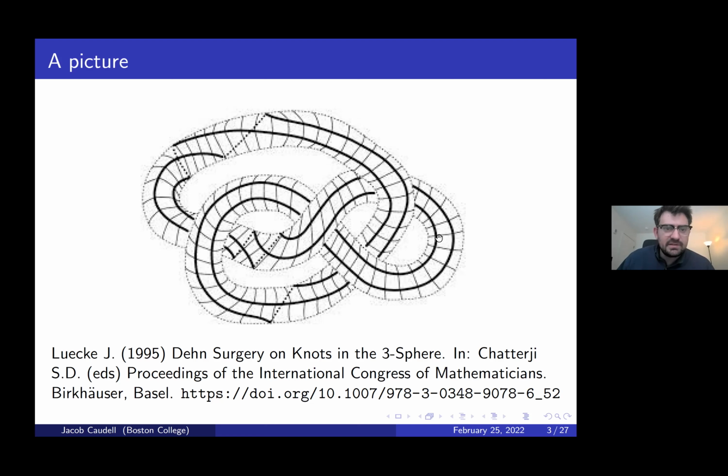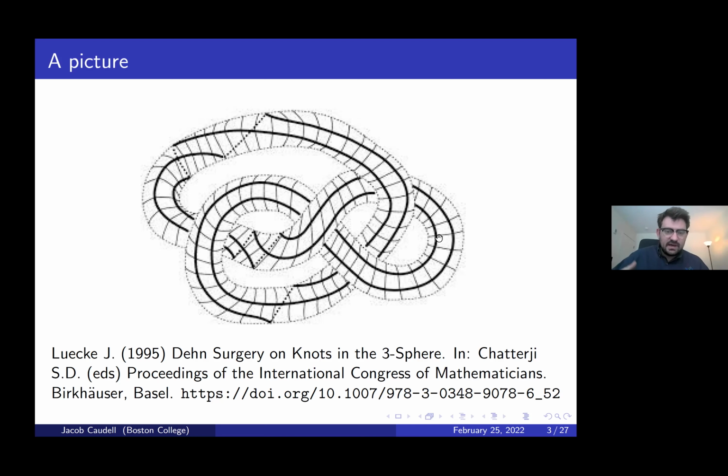The important thing to see here is a tubular neighborhood of a knot. This is a solid torus embedded in three-dimensional space. You can see these meridional discs hashed out lengthwise along this solid torus. This happens to be a figure 8 knot in S3.